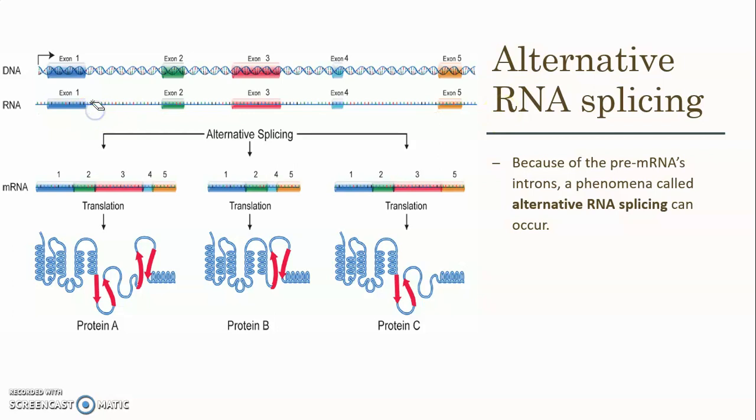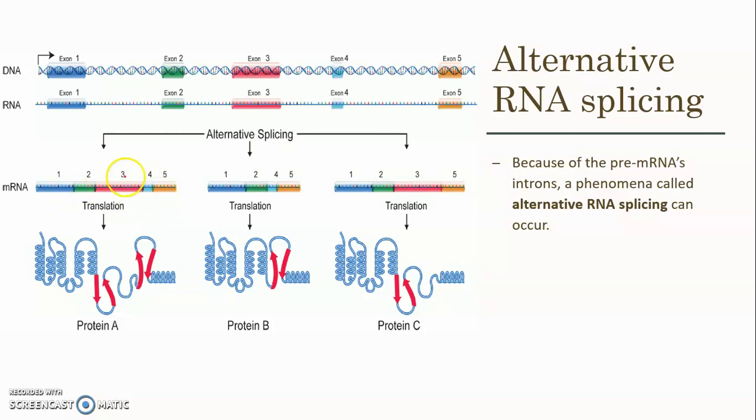Because of those introns, some proteins can come in and cut out specific introns, and they can sometimes even cut out exons to put specific exons together in order to get different proteins.